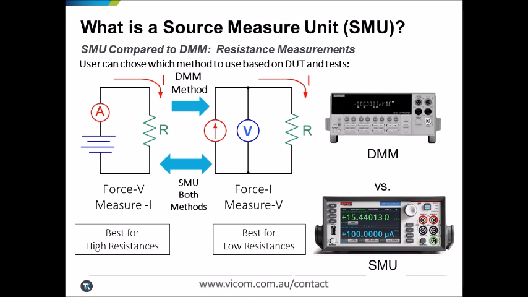The DMMs only use fixed current sources that are dependent on the range being used to measure resistance, which puts a limit on the overall range of resistance that can be measured. When using the SMU to measure high resistance, the source voltage method is preferred, and for low resistance measurements, the source current method is the best.